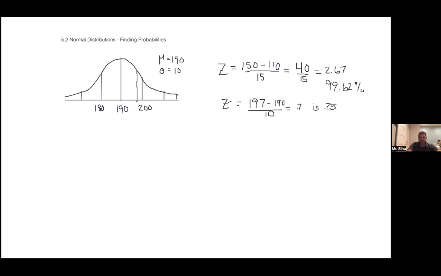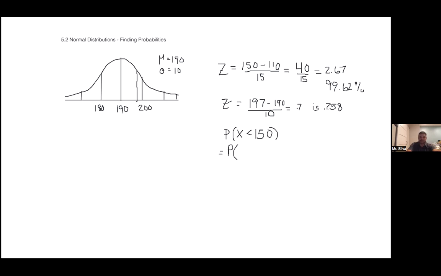This is why I like the P notation. Going back to that P notation, probability X, which is your IQ, is less than 150. What's that going to be? That equals a z-score. I transformed it into a z-score, so I'm going to stay with the P notation.